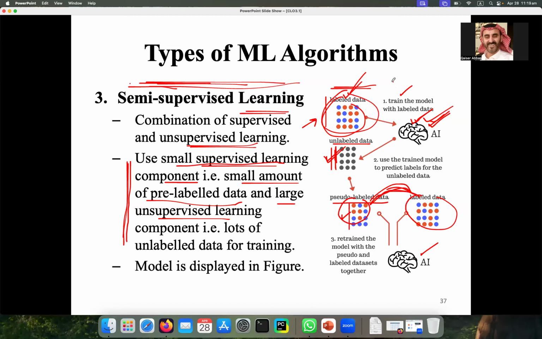This picture gives you an idea of how you can combine supervised and unsupervised techniques together, where you have labeled data and also unlabeled data. In semi-supervised learning, we use a small supervised learning component that uses a small amount of labeled data, and a large unsupervised learning component that uses a large amount of unlabeled data.